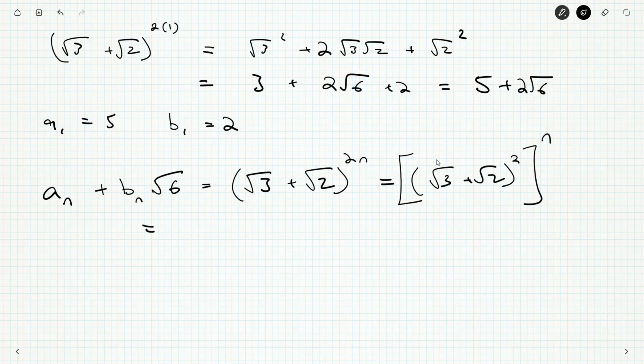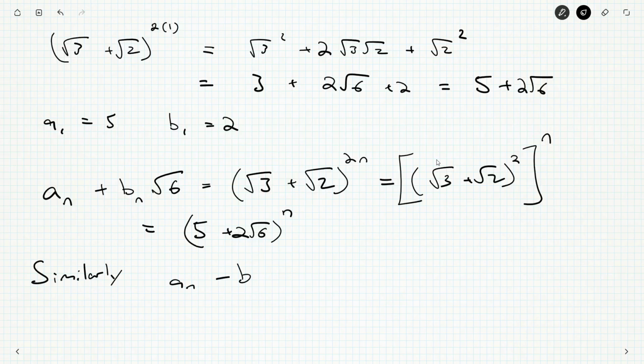So really it's 5 plus 2 root 6 to the n. And that might be something worth noting. And similarly, an minus bn root 6 is going to be 5 minus 2 root 6 to the n.